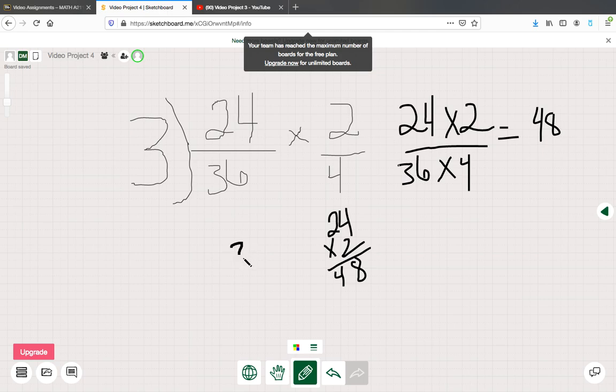And then 36 times 4. Since we're going to have to carry, I'm going to put a column 1, column 2. So 6 times 4 is 24. I'm going to put the 4 in the first column because I can't put the 2 in the second column. I'm going to put the 2 up here.